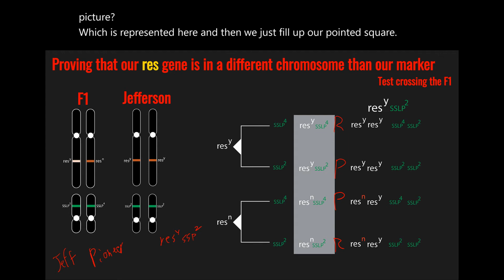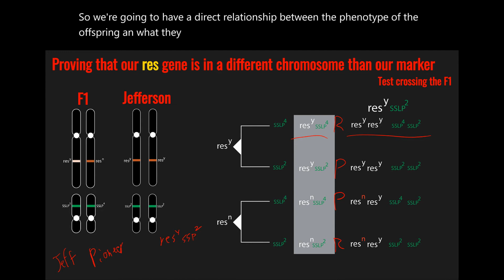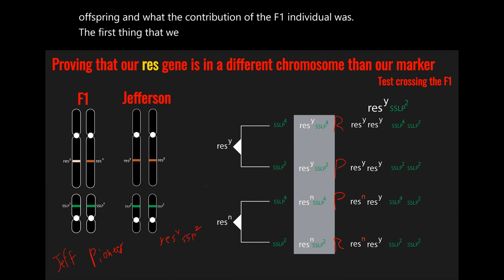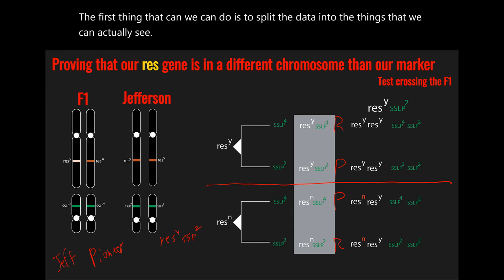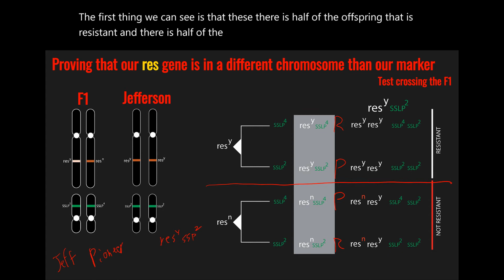So we're going to have a direct relationship between the phenotype of the offspring and what the contribution of the F1 individual was. The first thing that we can do is to split the data into the things that we can actually see. The first thing that we can see is that half of the offspring is resistant, and half of the offspring is non-resistant.